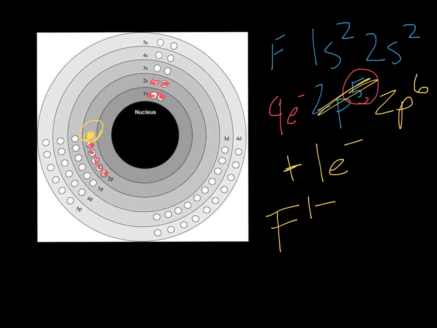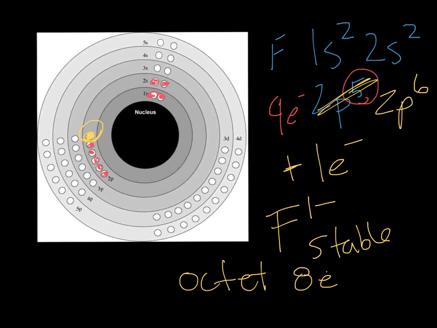Okay? And at this point, it's going to be stable because it fills up that octet rule, which means that it has 8 electrons in its outer shell. Okay? So that right there is just a very, very quick review of what we talked about with the Bohr model, where the electrons are going and why they're going there.